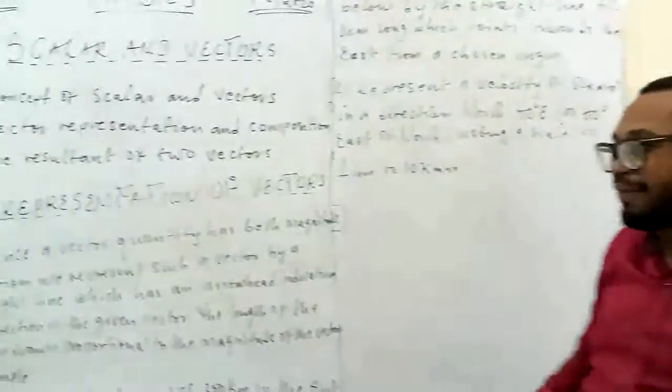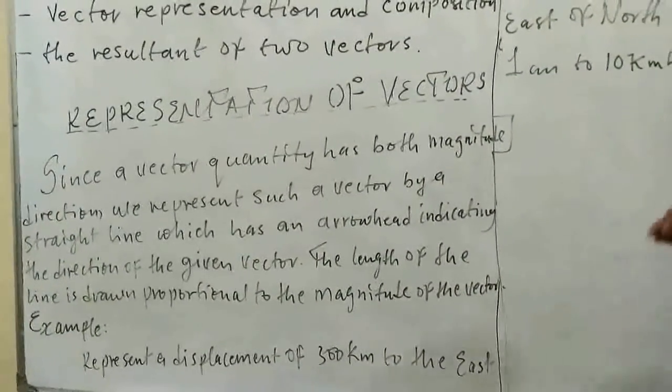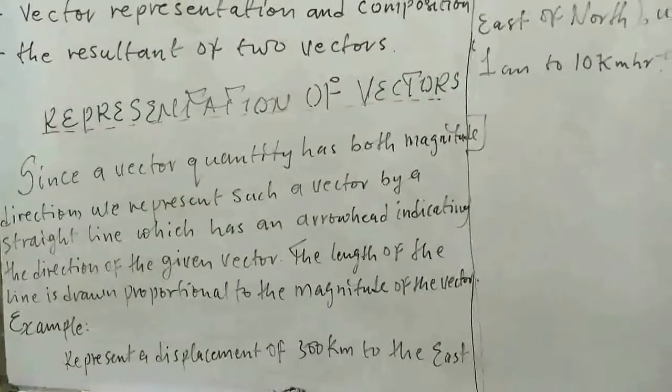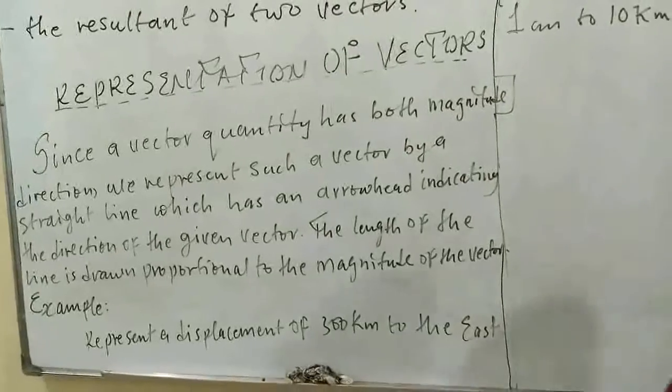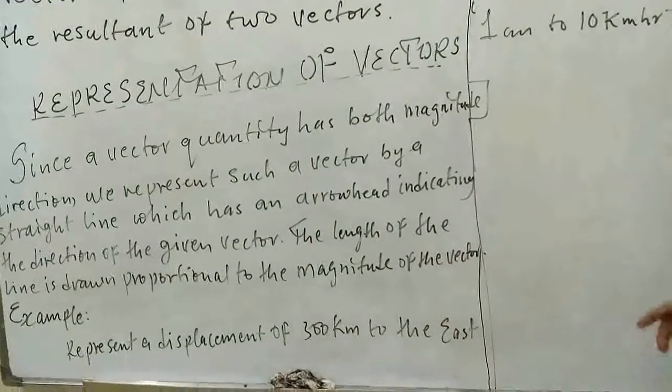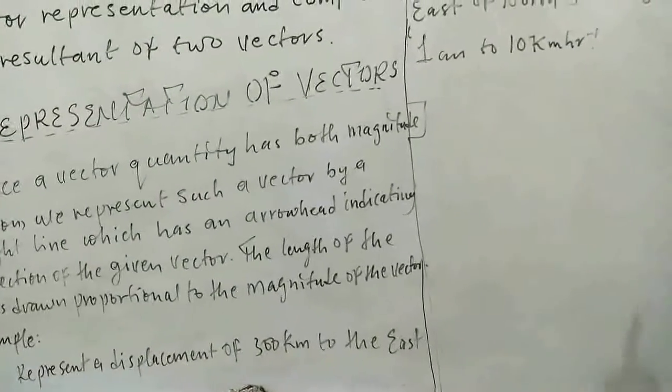Since the vector quantity has both magnitude and direction, we represent such a vector by a straight line which has an arrowhead indicating the direction of the given vector. The length of the line is drawn proportional to the magnitude of the vector.